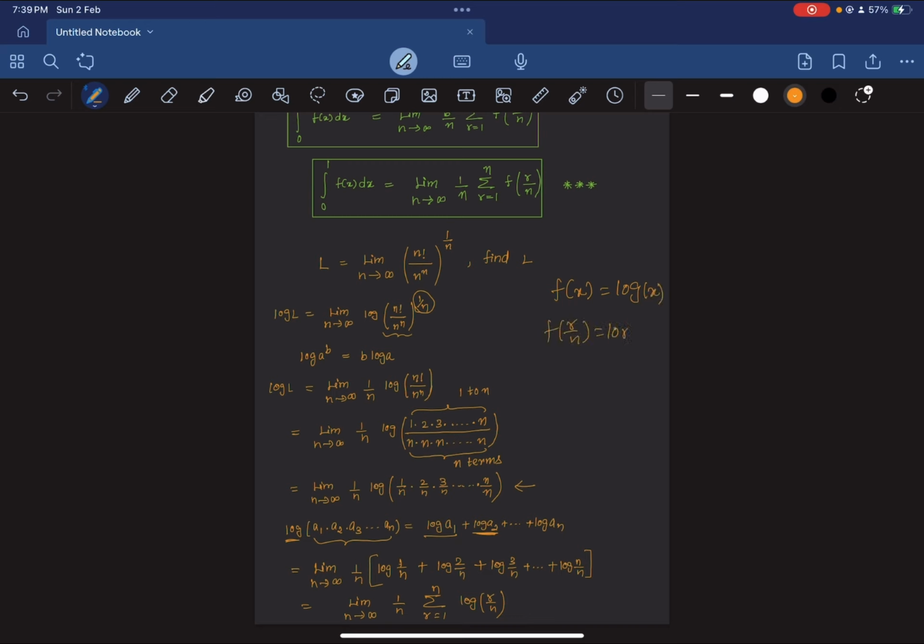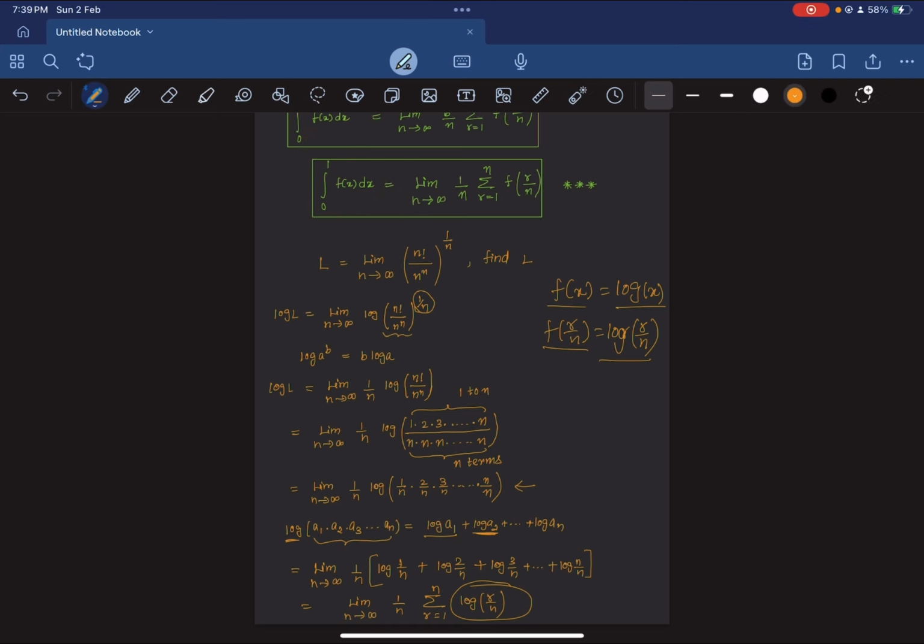That will be log of r upon n. So your f of x is log x and your f of r upon n, which is log r upon n, sits here. Now this particular thing looks exactly like the result that we have derived. So to compute this particular limit, we just have to compute this particular integral.